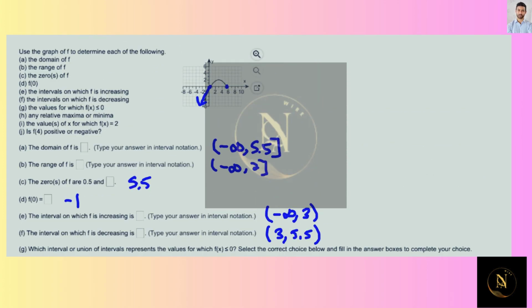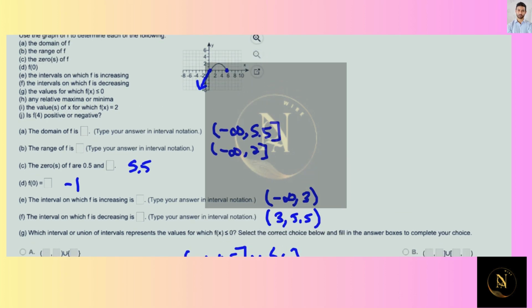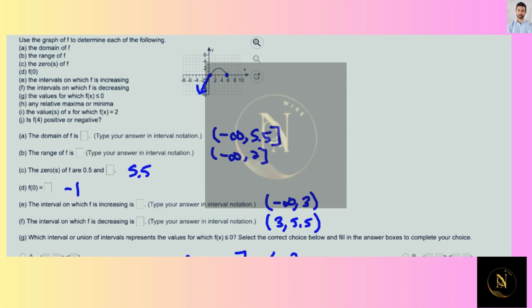Because only an input of 3 is the output 2. Only at 3 here.